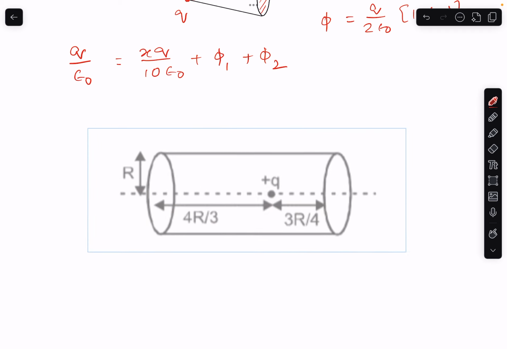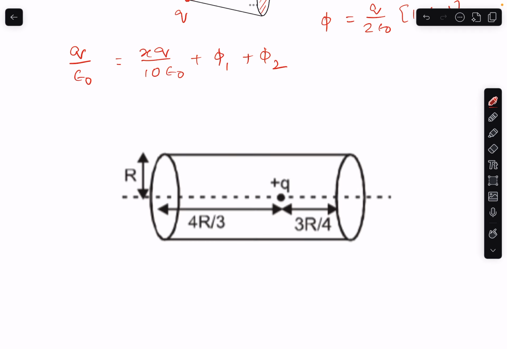Let us zoom it slightly, and we will use simple geometry here. The right surface subtends a cone like this. If this angle is θ₂, then we can easily calculate cos θ₂.